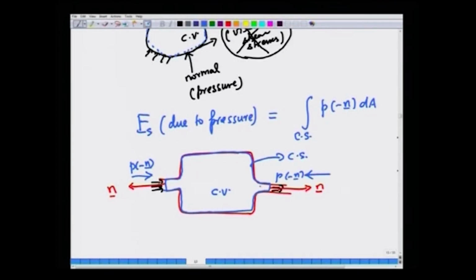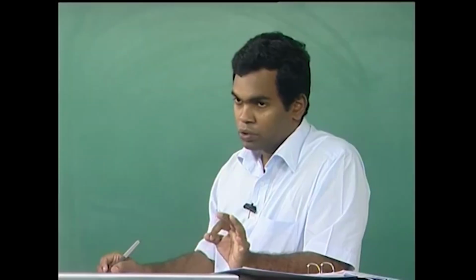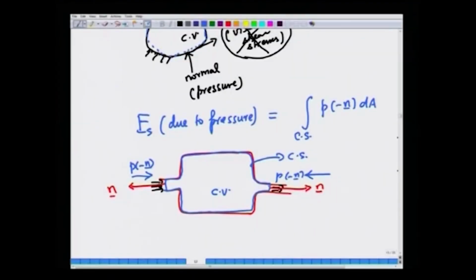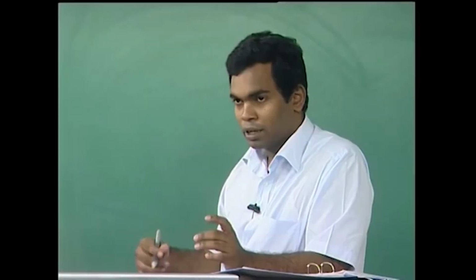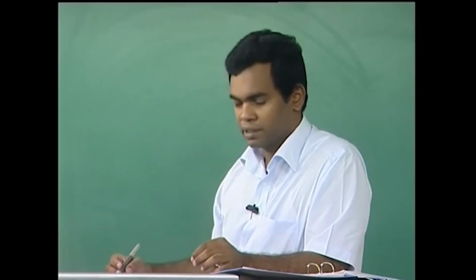Just because the fluid is coming out, it does not mean that the force on this control surface is in the plus n direction. The key thing to understand here is that the force on this surface is exerted by the fluid outside, which tends to compress the fluid present inside, and clearly that is obviously in the minus n direction.